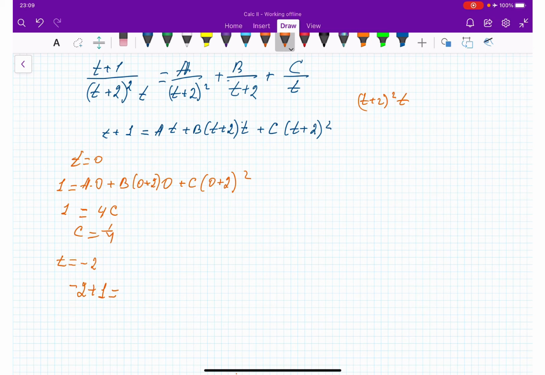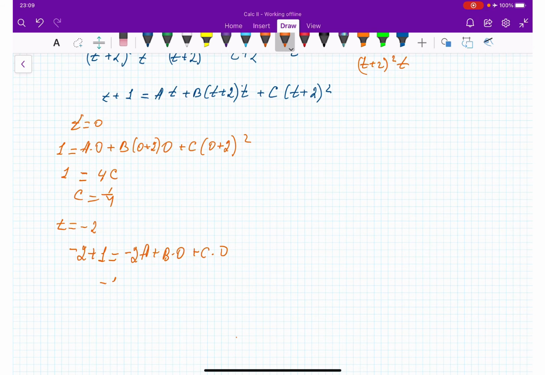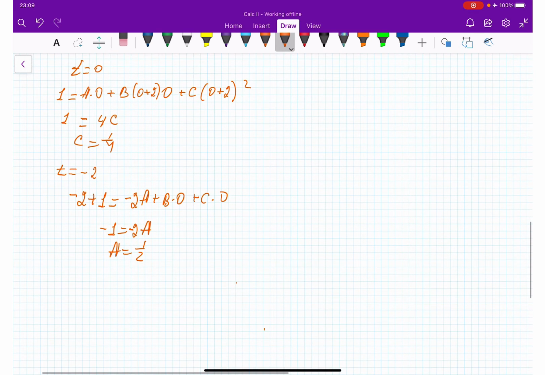On the right side, I will have -2a, and then plus b times 0 plus c times 0. And -1 is equal to -2a. Yes? And a is equal to 1/2. All right. So I have a, I have c.